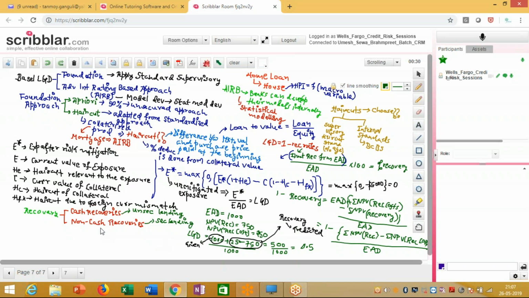So what are non-cash recoveries? Non-cash recoveries actually happen in the form of repossession of assets.